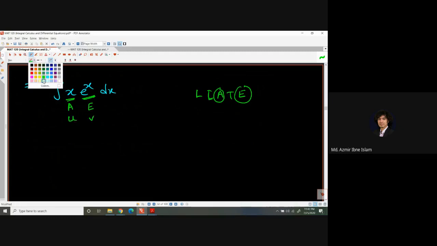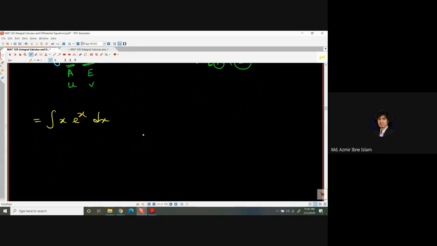So, x e to the power x dx. Now try to recall the formula. The formula for integration by parts is the integration of uv dx equals u integration of v, negative, the integral of differentiation of u times integration of v.